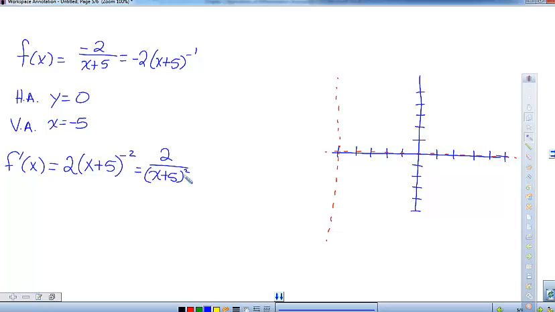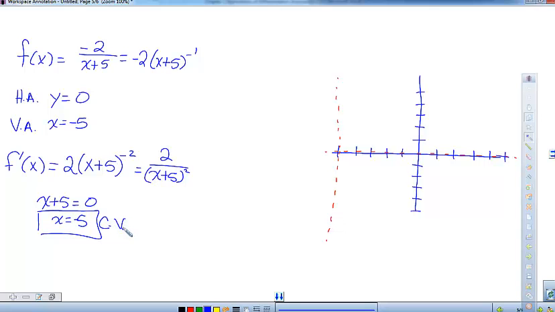Where the function's equal to 0, or where it's undefined, right? Well, this is never going to be equal to 0 because the numerator can't be 0. But it can be undefined. We get x plus 5 equals 0. We already know that. It's at x equals negative 5. So x equals negative 5 is now a critical value.